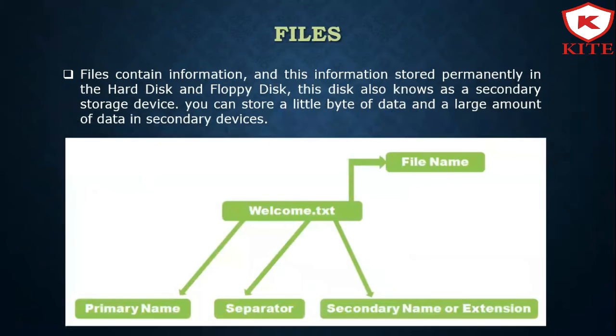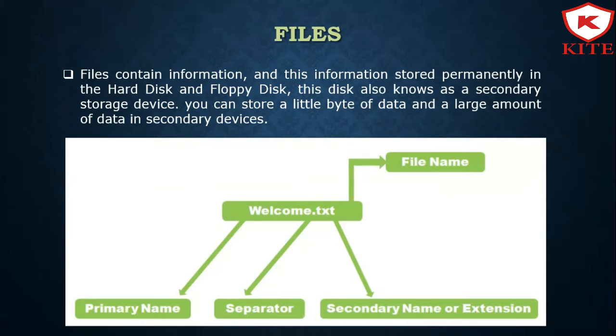Next one is files. Files contain information, and this information is stored permanently on the hard disk or floppy disk. This disk is also known as a secondary storage device. You can store a small number of bytes and also a large amount of data in secondary devices.